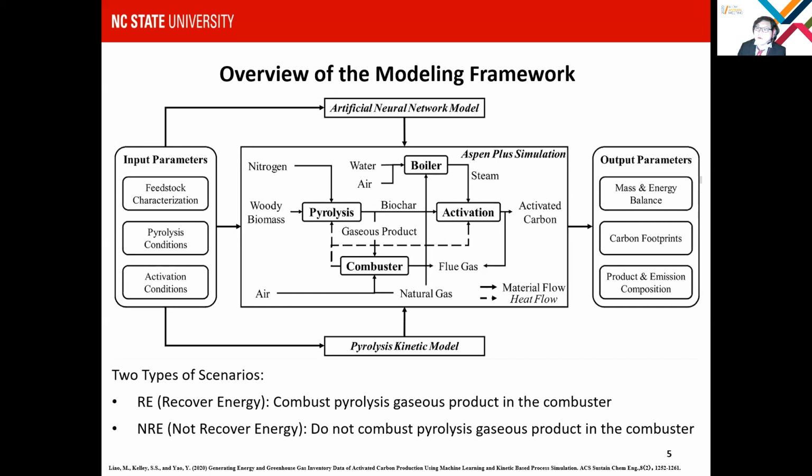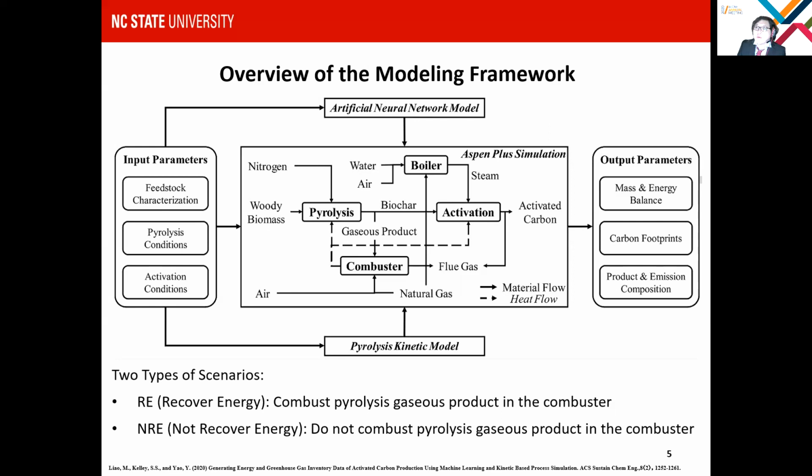In this framework, we have taken the feedstock characterization and the operational conditions for pyrolysis and activations as the input parameters. And based on the output parameters, we can get what we desire: the overall and the detailed energy consumption data, the carbon footprint, and the product composition of both solid and the gas products.